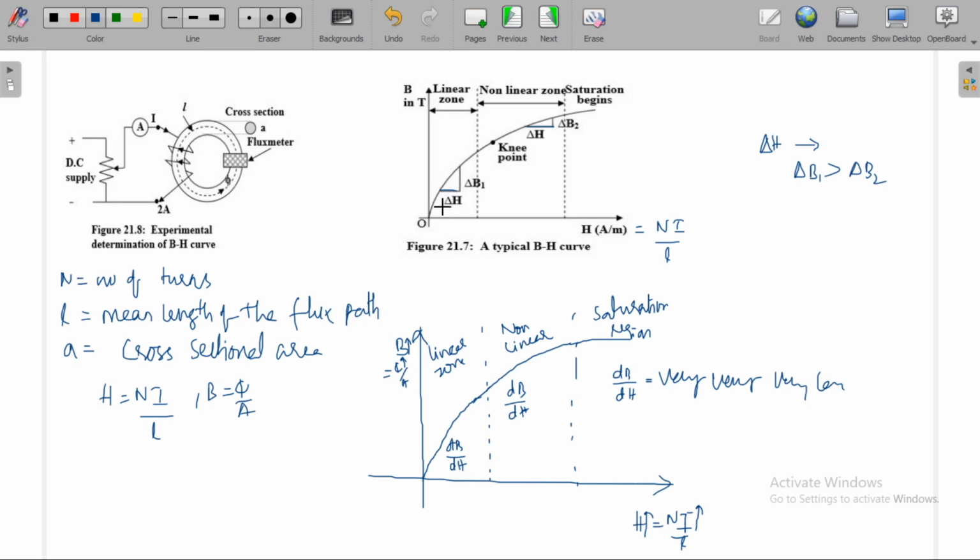In this region, with the increase in H, B will be increasing, almost maintaining a linear relationship.